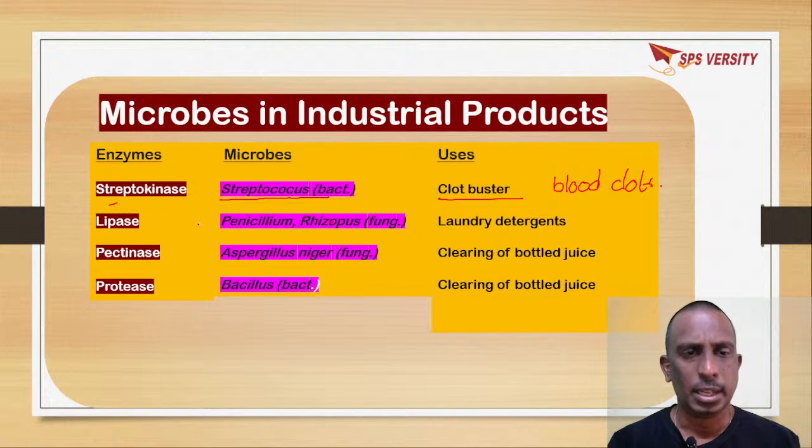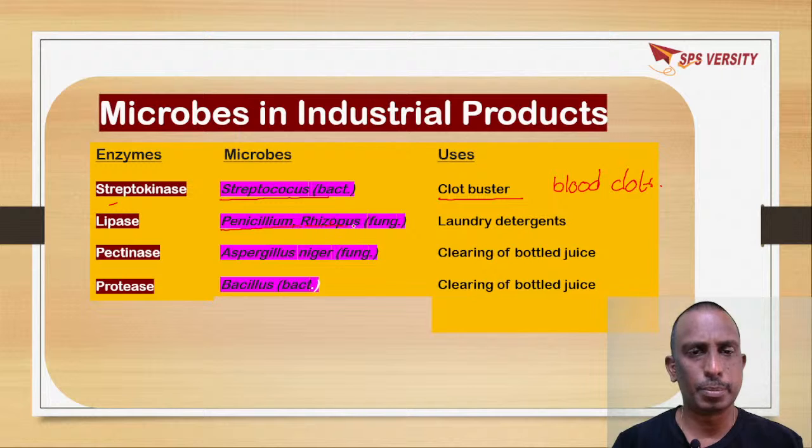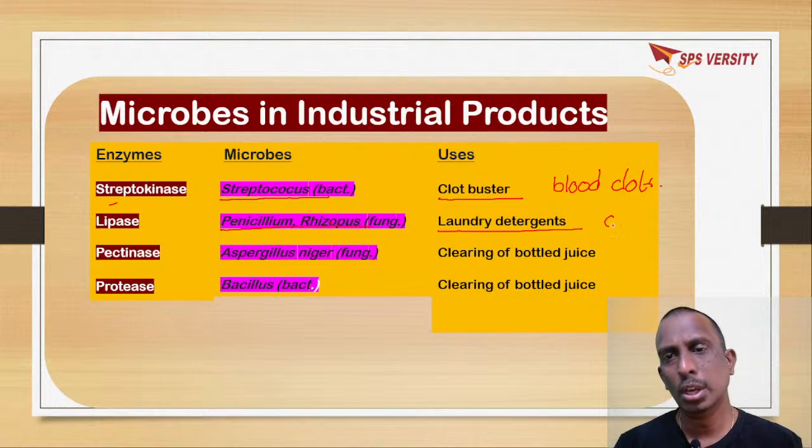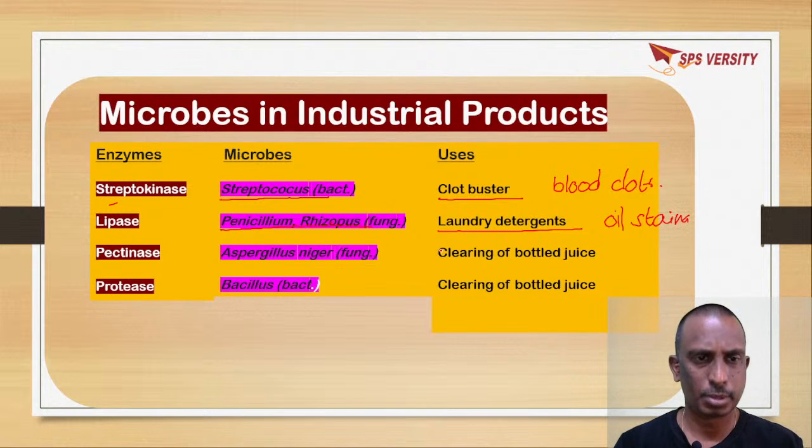And next, lipase, which is prepared from fungi, Penicillium and Rhizopus, is an enzyme used in detergents to remove oil stains. At the same time, pectinase from the fungus Aspergillus niger and protease from Bacillus are used in the preparation of bottled juice.